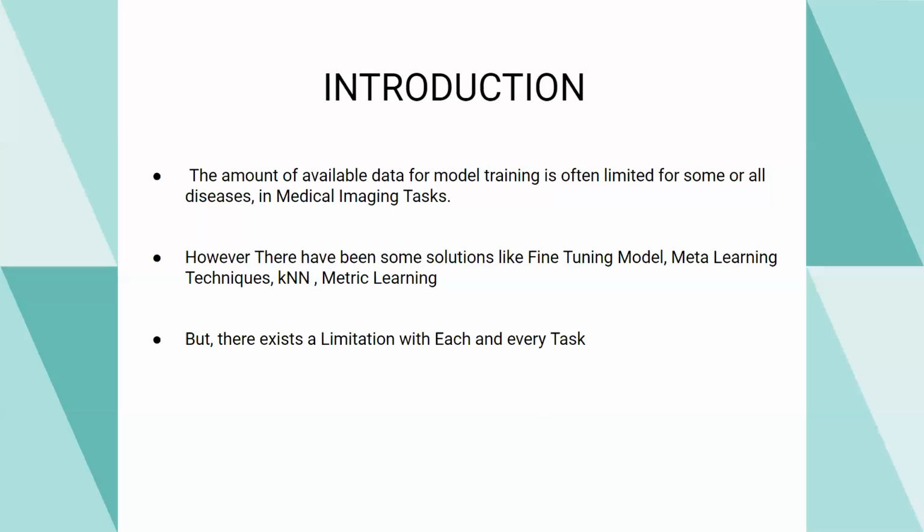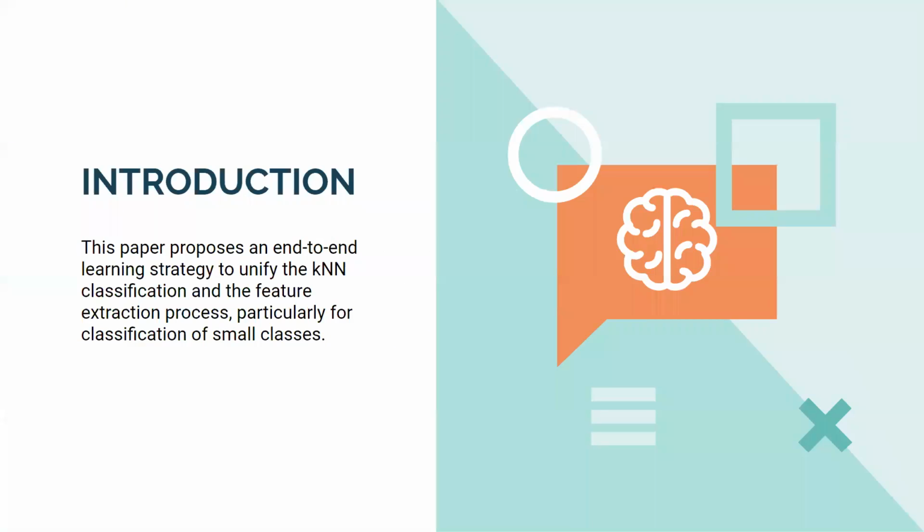We have these many techniques, but each technique has its own limitation. So we developed a deep kNN algorithm and a loss function, which we'll be discussing. This paper presents an end-to-end learning strategy to unify kNN classification and the feature extraction process.